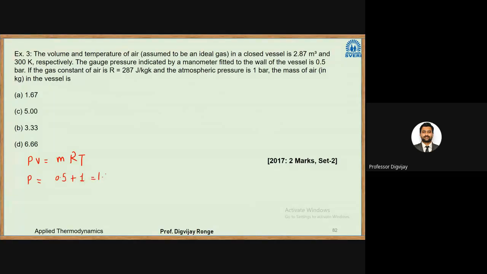So the total absolute pressure here is 1.5 bar, or 1.5 into 10 to the power 5. Volume is given as 2.87 meter cube. Temperature is given as 300 Kelvin. R is given as 287 joule per kg Kelvin. So calculate the M.